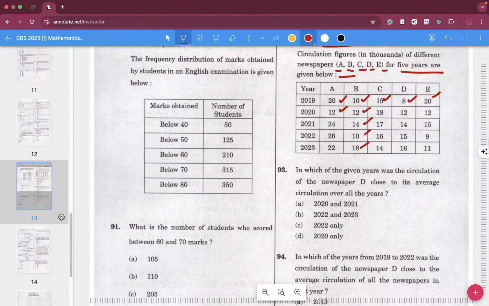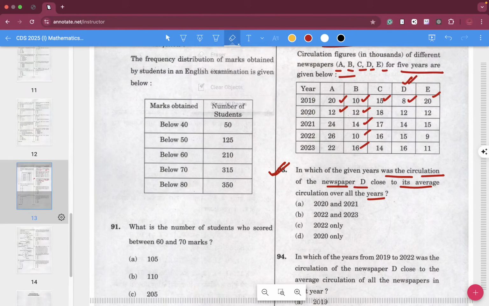So let's read the first question, question number 93. In which of the given years was the circulation of newspaper D close to its average circulation over all the years? Let's read this question all over again.